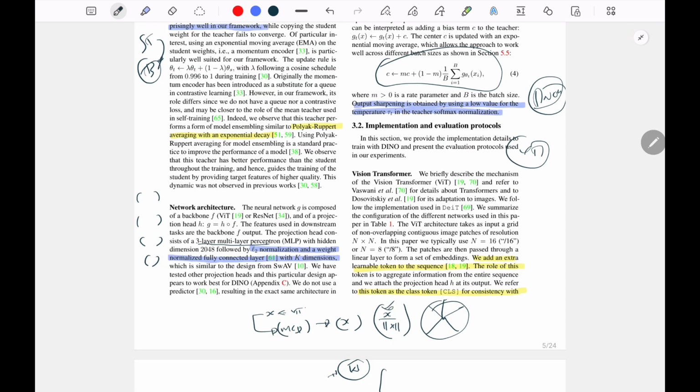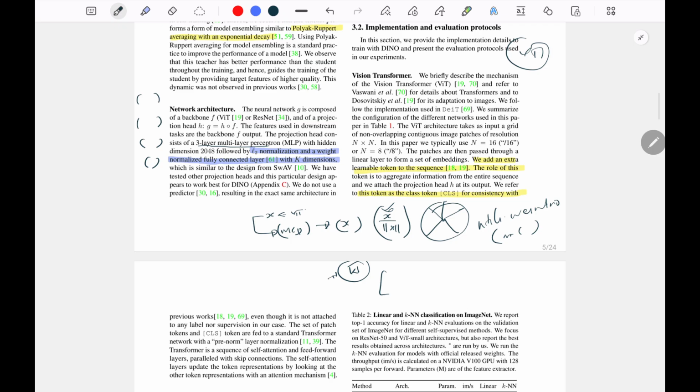In PyTorch you can use utils.weight_norm and pass in an nn.Linear. So it will have the same number of parameters as nn.Linear plus a weight G.